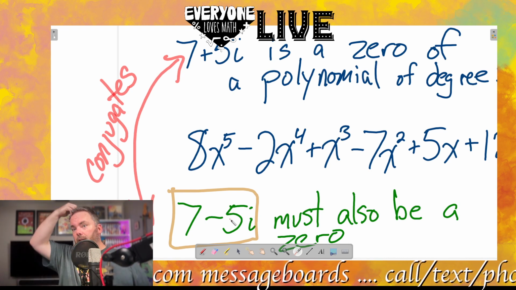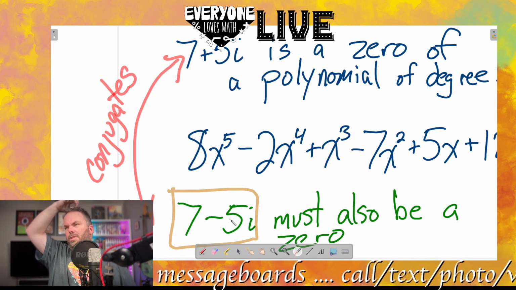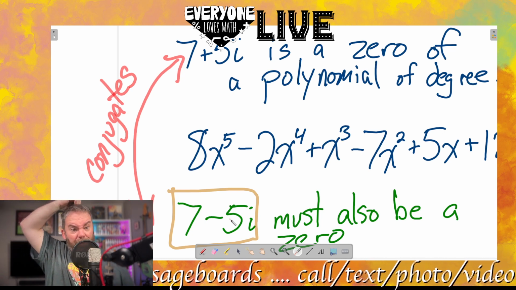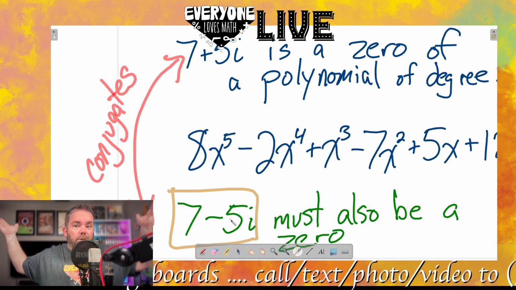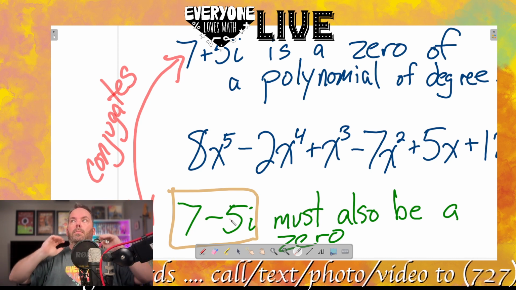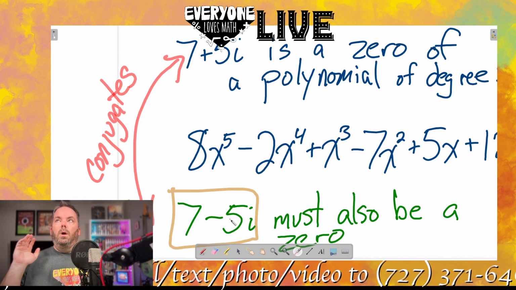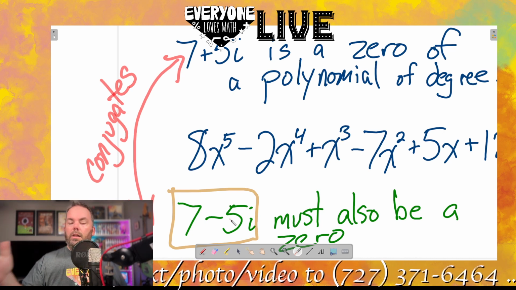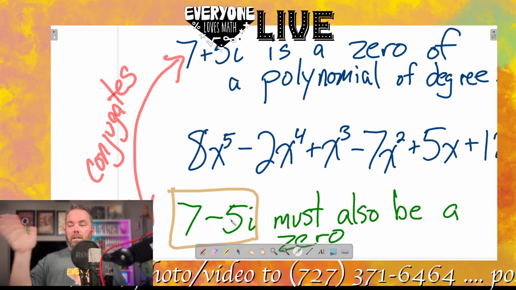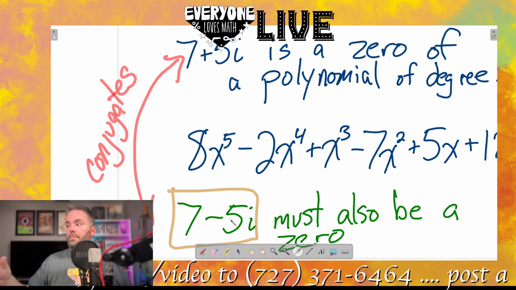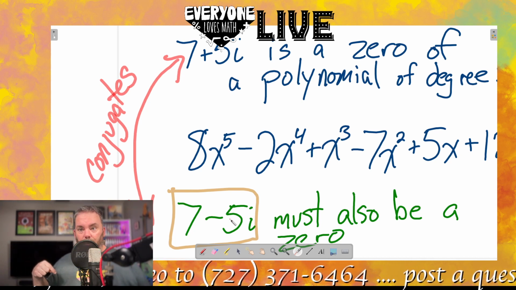Conjugates are a way to hide the ugly. There might be something called the conjugate theorem, like probably there's a way to make that official. But who cares? It's not even named after a person, right? It's not even that big of a deal. So what we want to say is that whenever an ugly 0, like with an i or a square root, is a 0, then its conjugate must also be a 0.